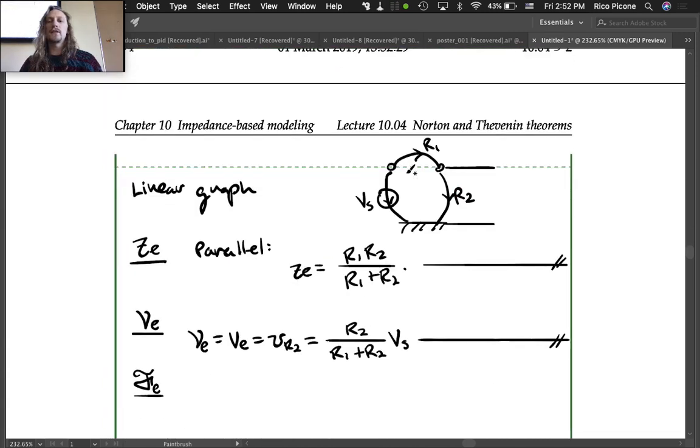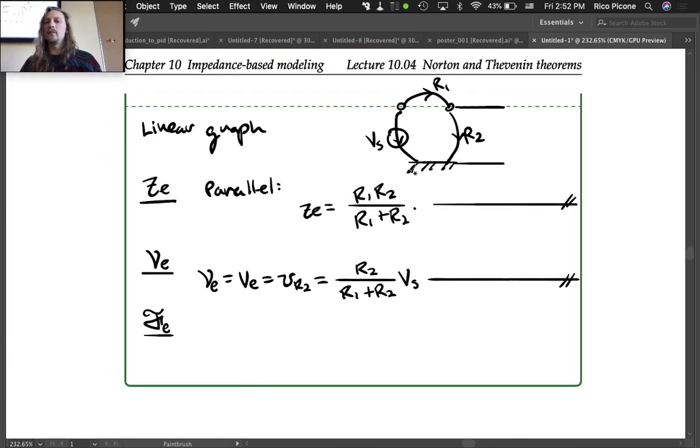But let's actually look at, it's a little bit more difficult to interpret for most people, what this looks like when you short out the output terminal. So if you short this out, that means you're connecting those two together, and R2 collapses down to nothing. And it's a little bit hard in a linear graph to see what to do at that point.